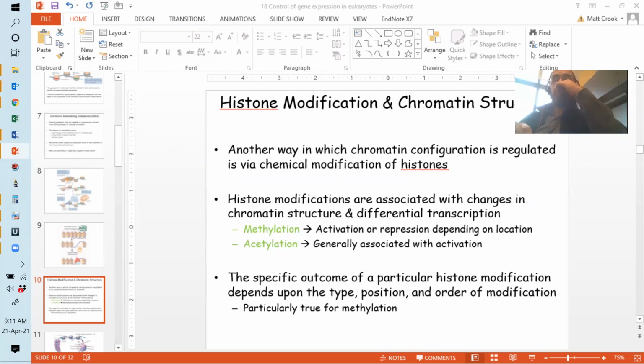Forgot to add that. Acetylation, if I can spell it right. That's addition of a slightly larger group, or acetyl group, to a histone. And again, that's typically lysine.